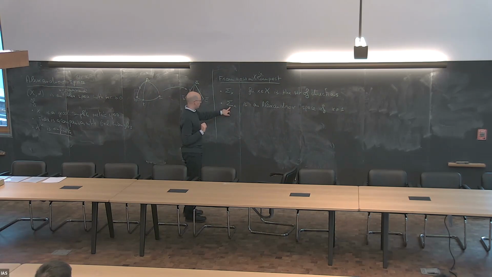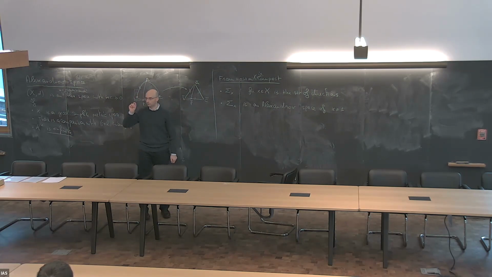Sorry, the Alexandrov space. Are you taking the union over all the x, or are you just at one point? Just at one point, just the tangent. So at this one point, it is the replacement for the tangent.